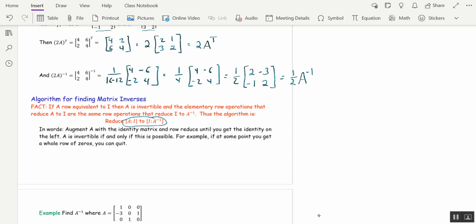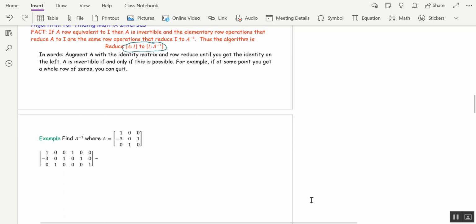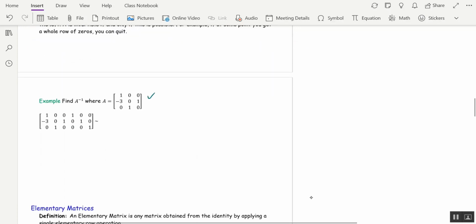So let's see an example of how this works. I've got the matrix A here, and I want to find A inverse. So what I do is I put A on the left, and I augment with the 3x3 identity on the right. And now I'm going to reduce and see if I can get the identity on the left. So this won't take long. It's going to take 2 operations. The first thing I want to do is kill this negative 3.